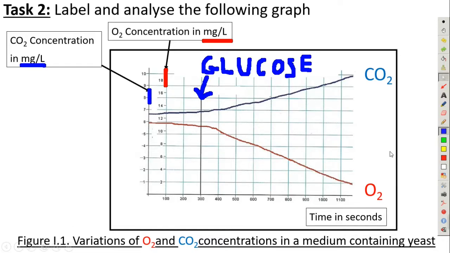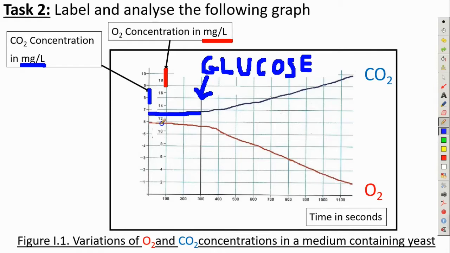So we're going to split this into two: before glucose is added and after glucose is added. It seems to just slightly increase, but that's probably not significant compared to the precision of the probes. So we can say that the CO2 concentration that we're reading on this y-axis remains constant at 6.6 milligrams per litre.